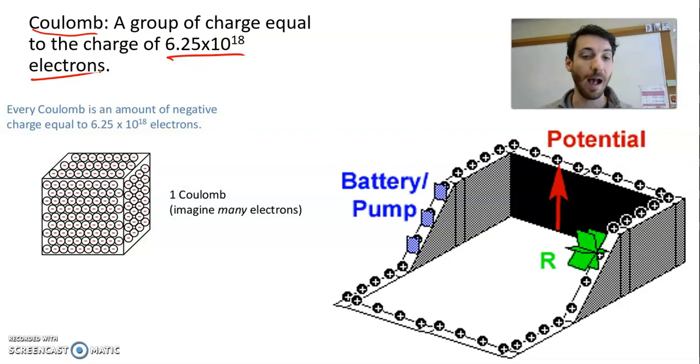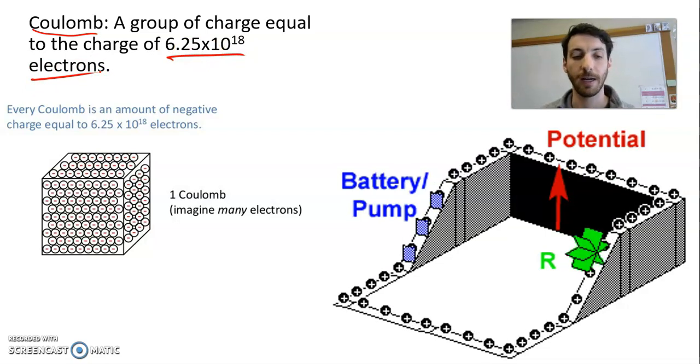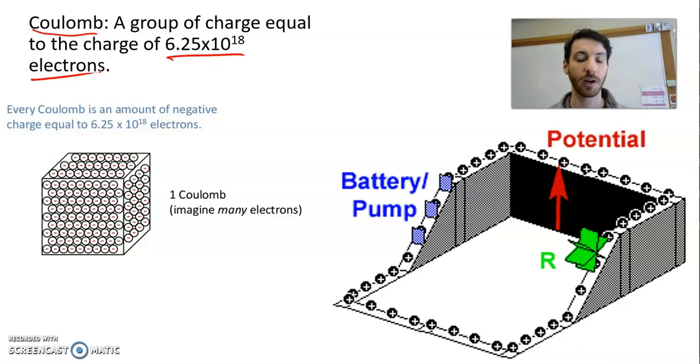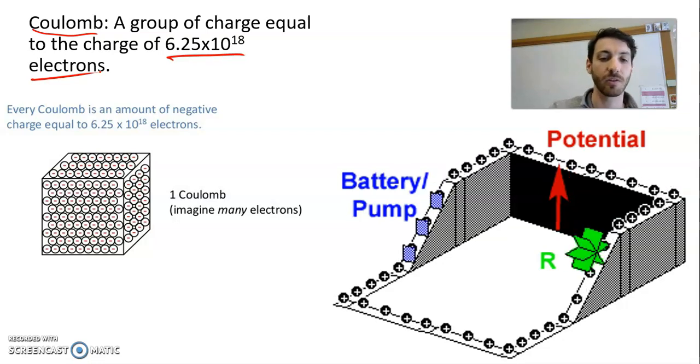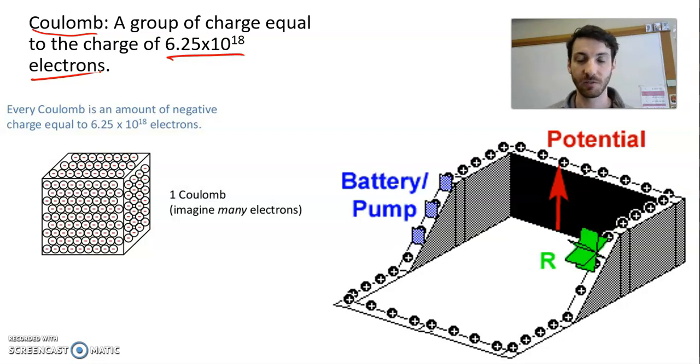So it's this massive amount of charge that it's easier for us to measure in. For example, if you want to measure distances from here to New York City, you're not going to be measuring in nanometers. You're going to measure in maybe kilometers or meters. So this just allows a better sense of scale with our measuring devices.